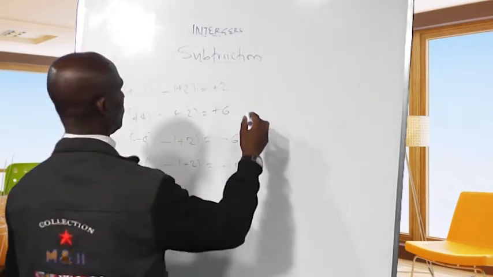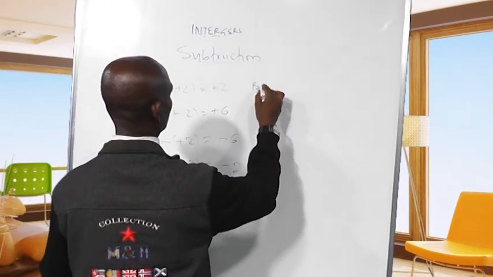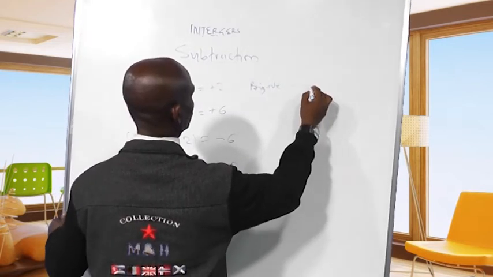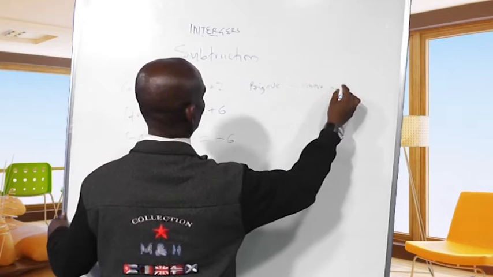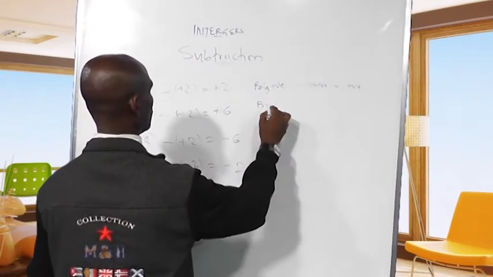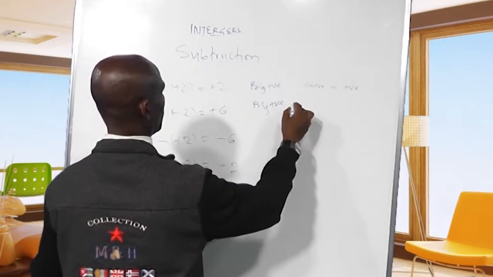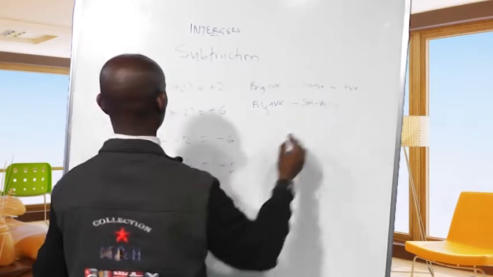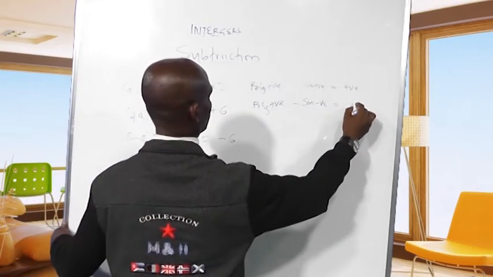In our summary, we will say big positive minus small positive is going to give us positive. We have big positive minus small negative is going to give us positive.